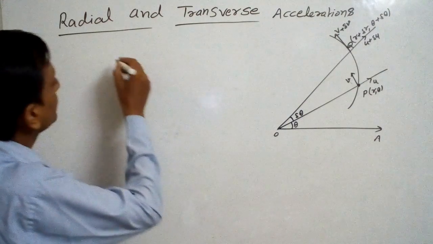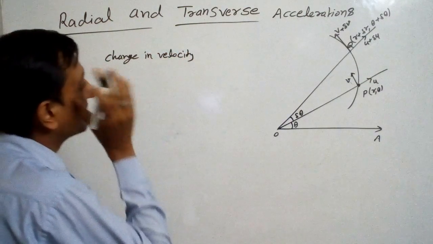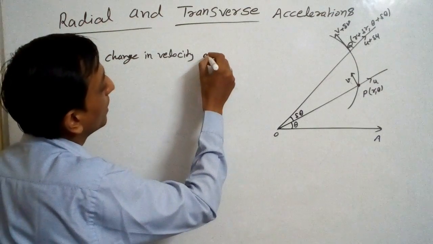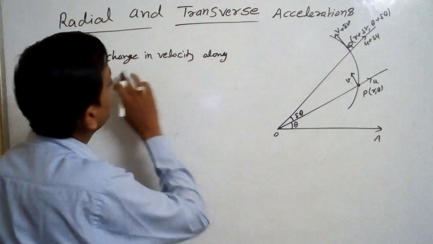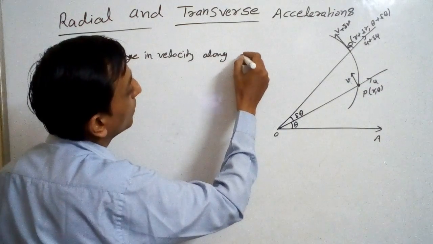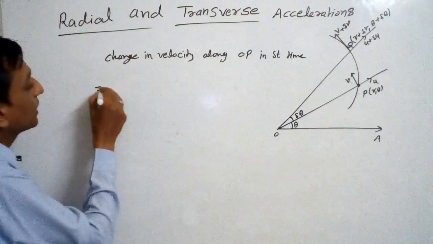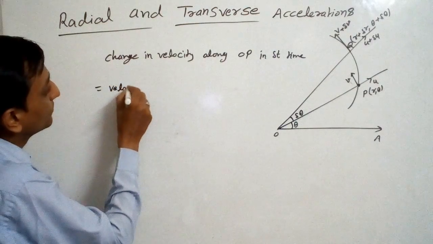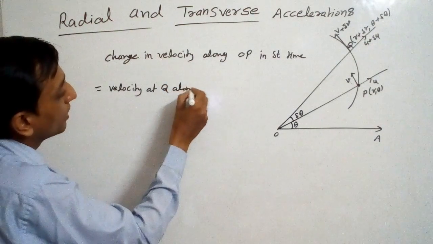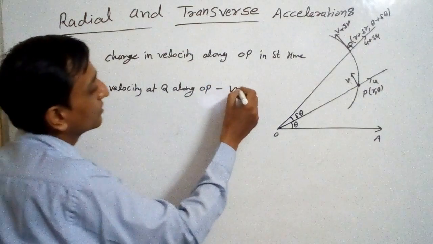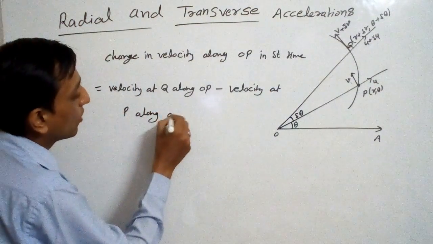Okay, so we calculate the change in velocity along OP in delta t time, equal to the velocity at Q along OP minus the velocity at P along OP.